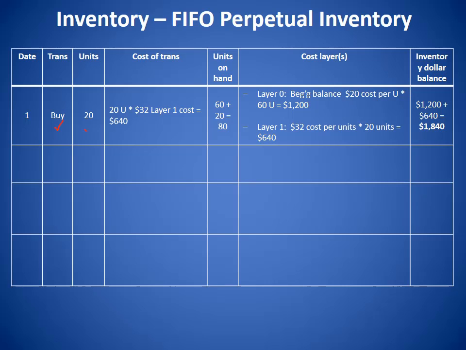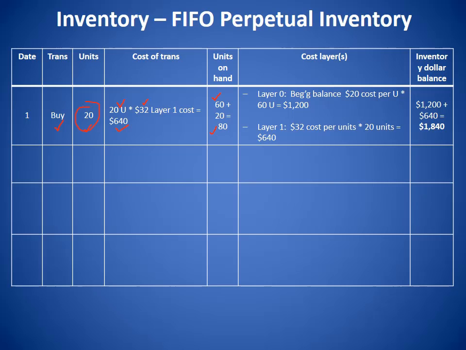So we take our 20 units that we had purchased times our $32 cost. That was our purchase price. That means we have now created a layer 1 cost of $640. And if we go back and look at our units on hand, our beginning balance was 60 plus the 20 additional units. That means our ending balance is 80 units.